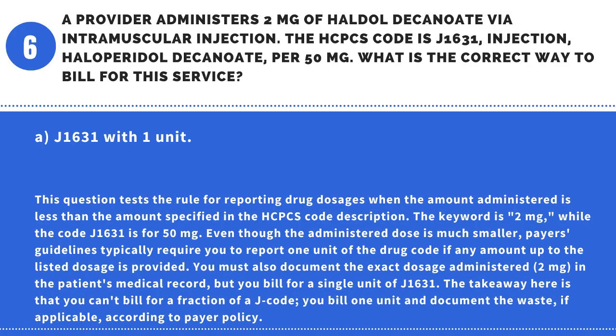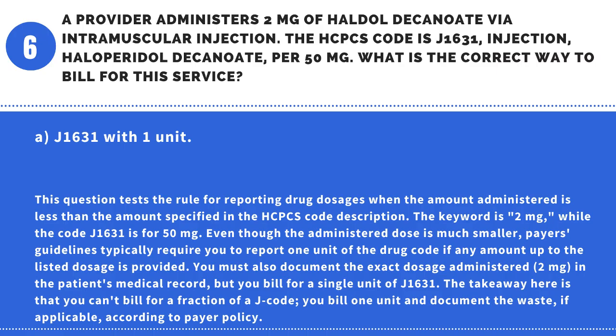Answer: A. J1631 with 1 unit. This question tests the rule for reporting drug dosages when the amount administered is less than the amount specified in the HCPCS code description. The keyword is 2 mg, while the code J1631 is for 50 mg.